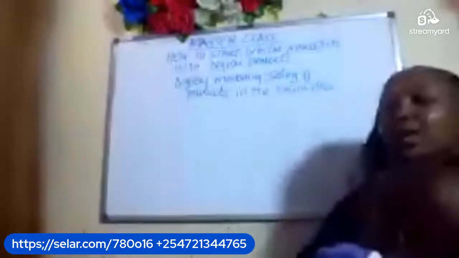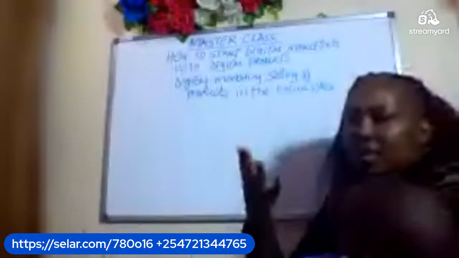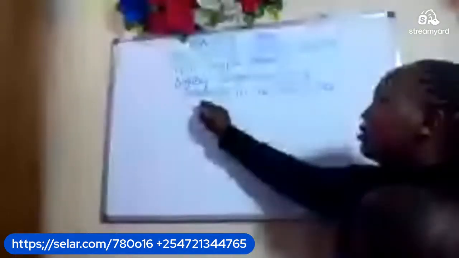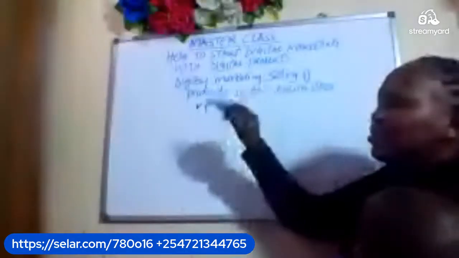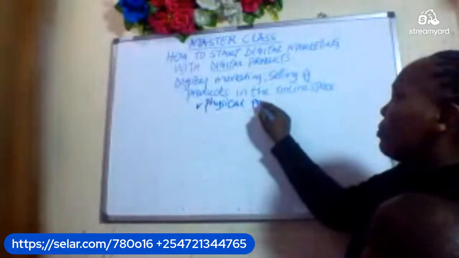Now, what kind of products can you sell and make money in the online space? There are usually three ways. Okay, there are those people who normally market or they normally sell physical products. These are the three categories of things that you can sell. We got physical products.